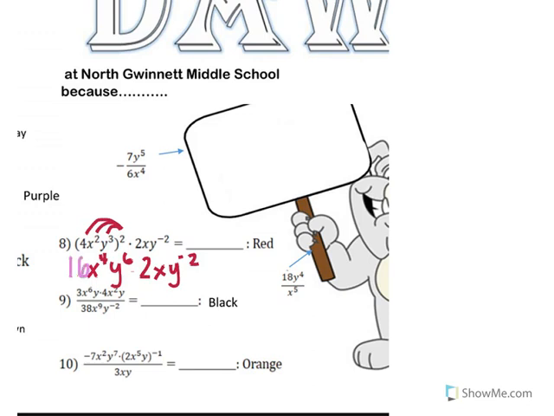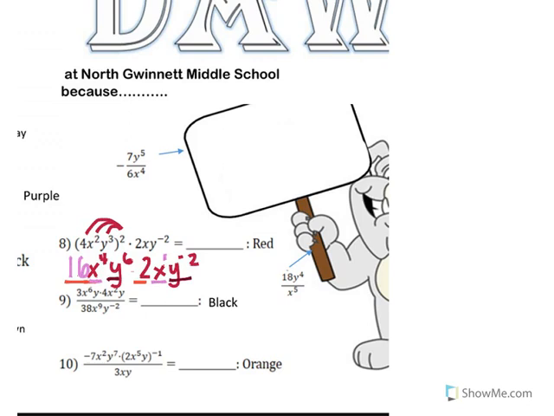And then everything that's alike, since we're multiplying, we can multiply the numbers, and the x's are alike, so we can add those exponents together, and there's an imaginary 1 right there, and then add them together for the y's.